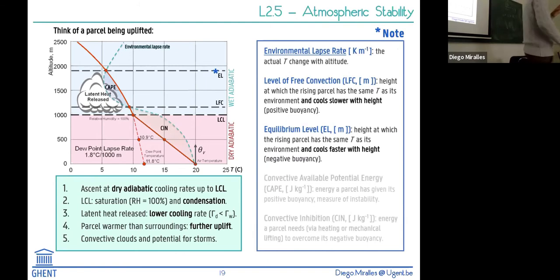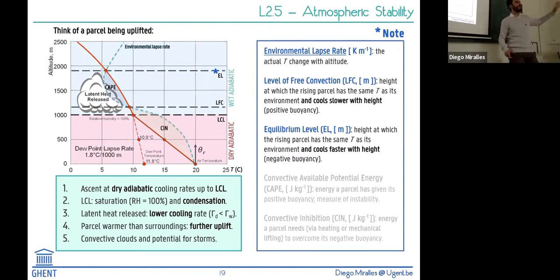Now, just a couple of further things that I need to cover before we move into the stability, which is the last thing that today we really need to make it clear. Okay, so we have the environmental lapse rate. What is that? It's the actual one.